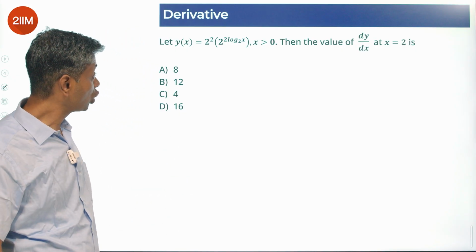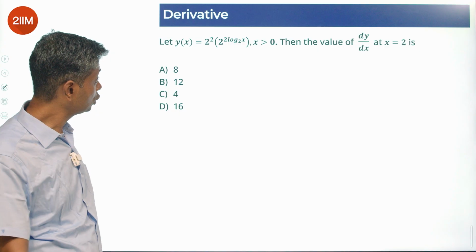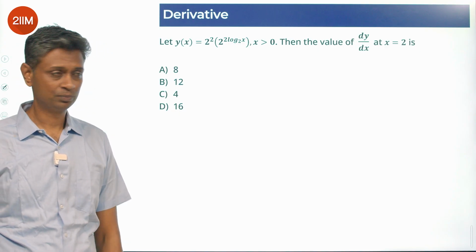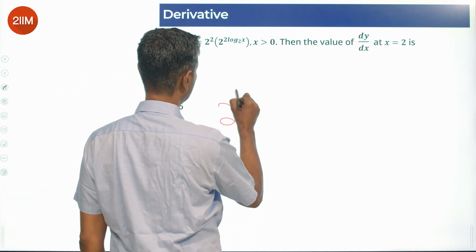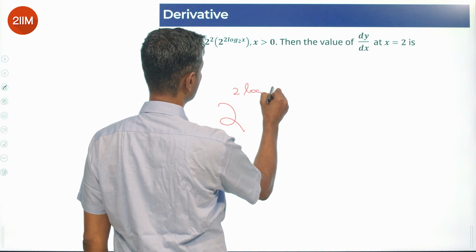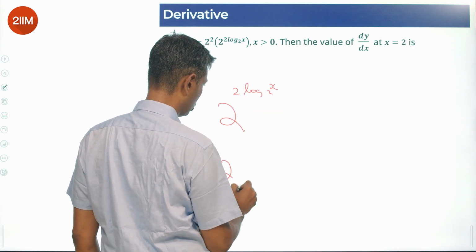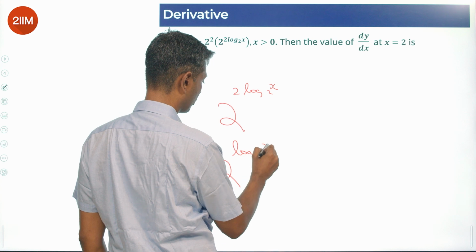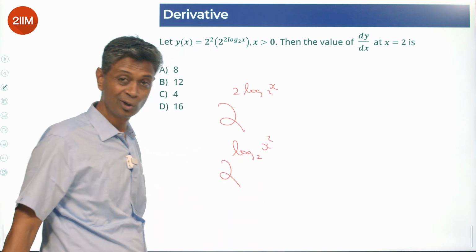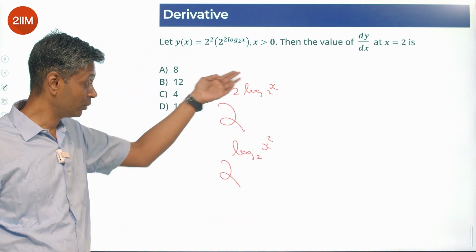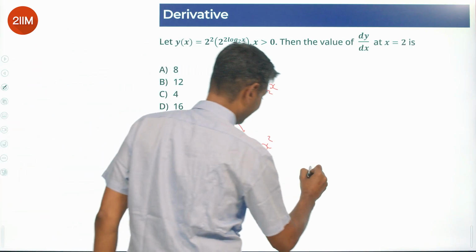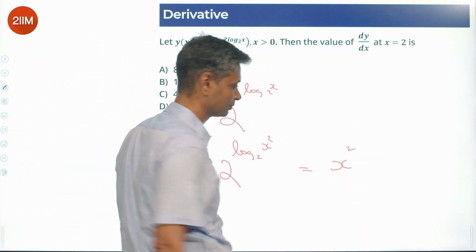Next question: 2² into 2 raised to the power (2 power log x to the base 2). Here, 2 raised to the power log x to the base 2 is nothing but 2 raised to the power log of x² to the base 2, which is nothing but x².